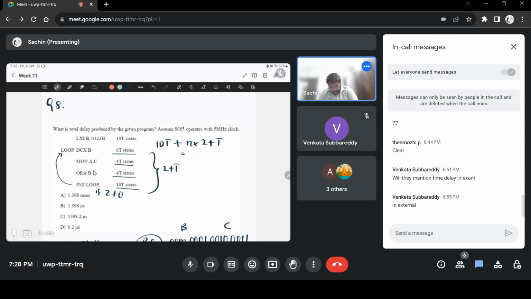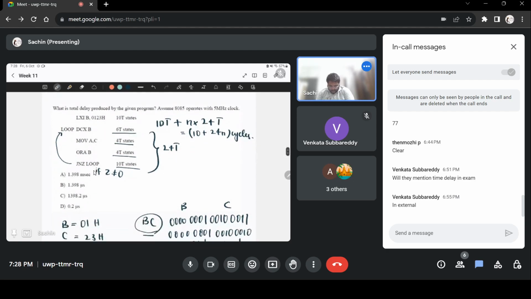It will be 10 plus 24n cycles. And then it is given that the 8085 operates with a 5 megahertz clock, that is 5 into 10 power 6 cycles per second.